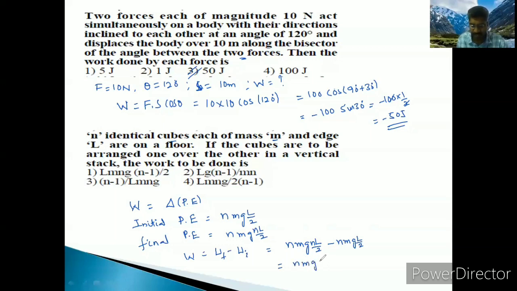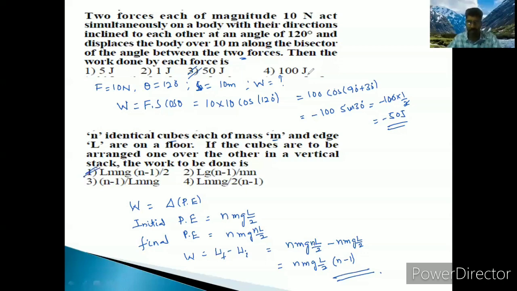N m g L by 2 is common. Extra, what is there here? N minus 1. So this is the answer. Which option is correct? The first one is the correct answer.